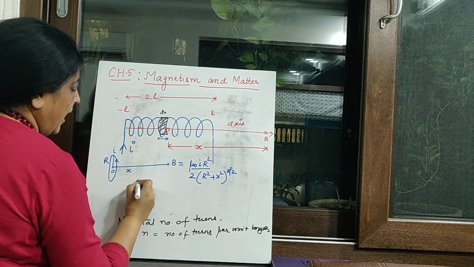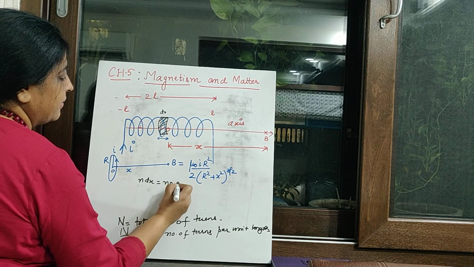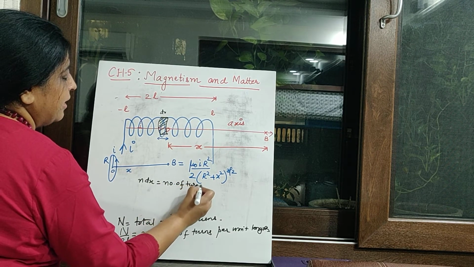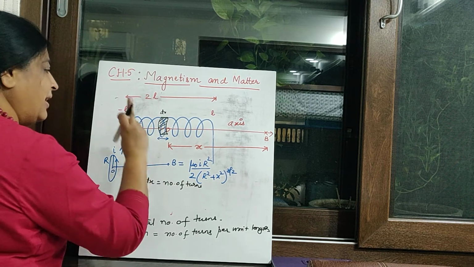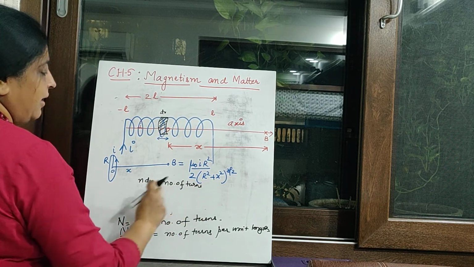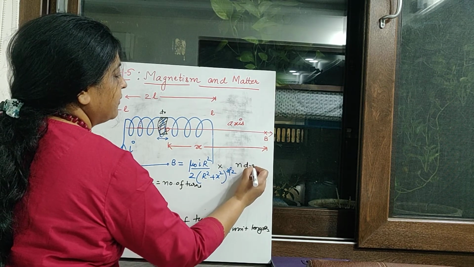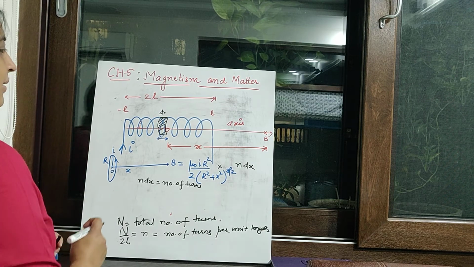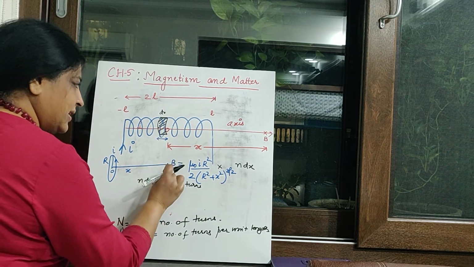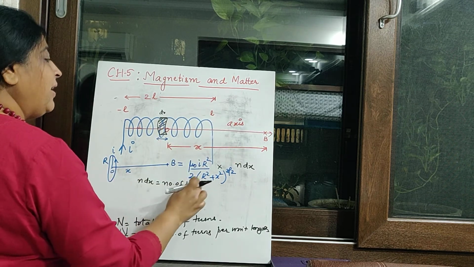So n into dx will be the number of turns lying in this small portion. So if one turn produces this much field, then these many turns will produce n dx times this field at this point, correct?